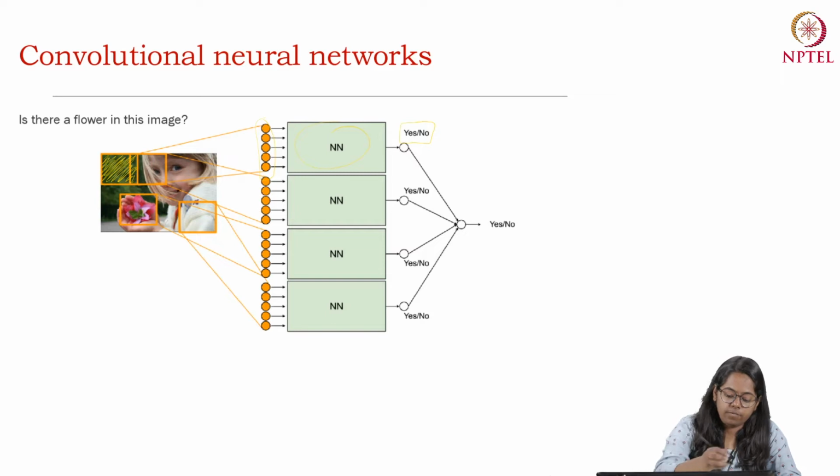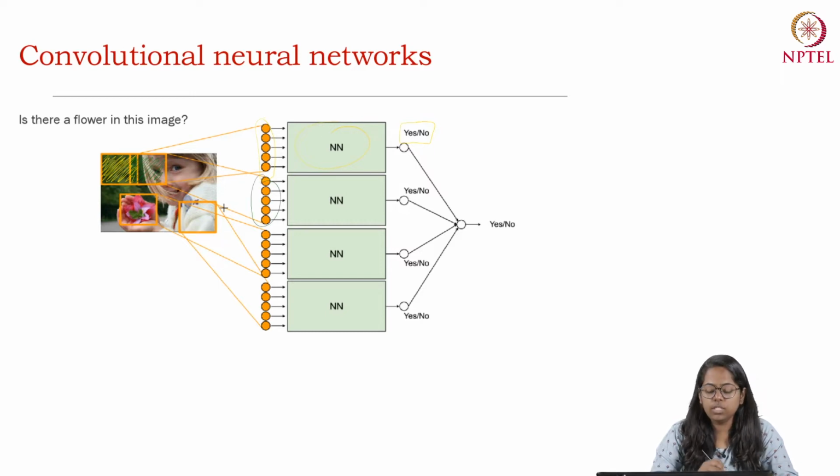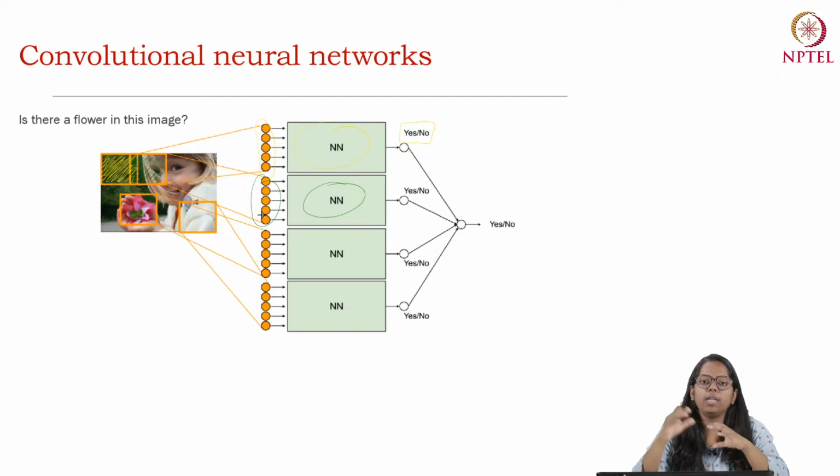Then again, we have the second segment. We have this filter over this particular segment, we multiply it, and we see whether the resultant matrix represents the pattern of a flower or not.